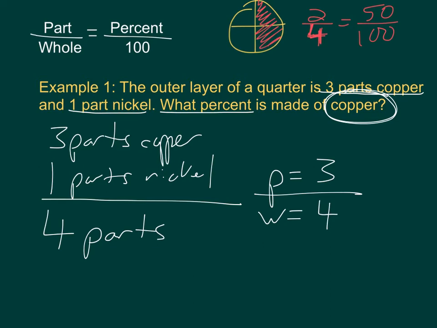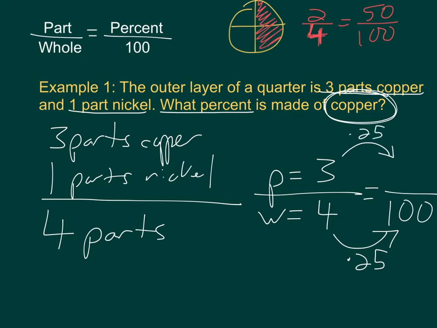In order to find the percent, I need to figure out what that is over 100. Well, to get from 4 to 100, I multiply by 25. To get from 3 to my answer, I multiply by 25.